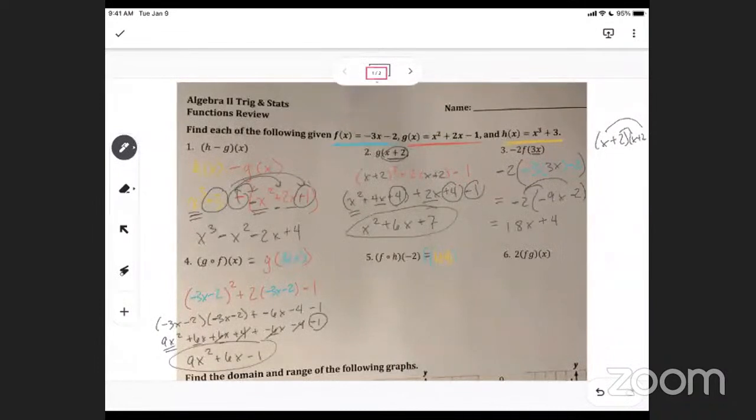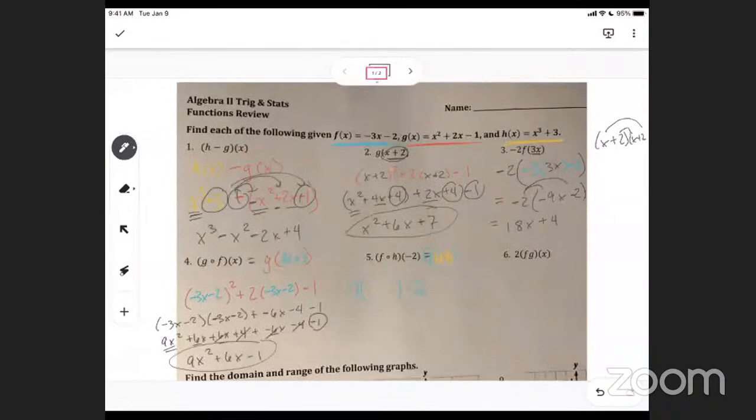So then you do negative 3, I'll leave a gap, minus 2. Am I doing that right so far? So far, so good.